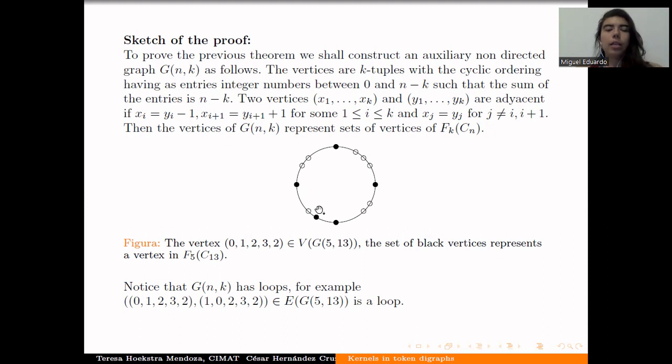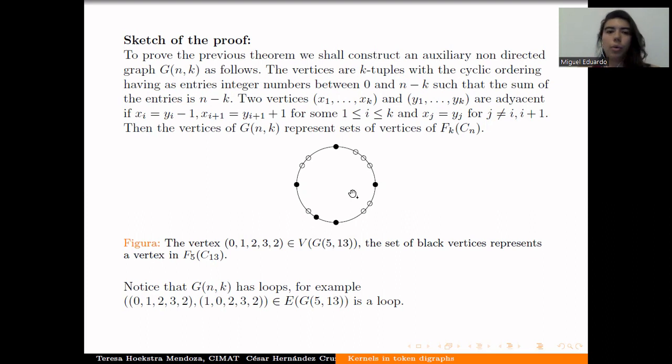And then this corresponds to one, or actually more than one vertex, because this could be the vertex with the label 1, but this could also be the vertex with the label 2, 3, 4, up to 13. So actually I have 13 vertices that look like this. All these 13 vertices, I'm going to put together in one vertex of G_{n,k}. I mean, the vertices of G_{n,k} are going to represent sets of vertices of the token digraph.